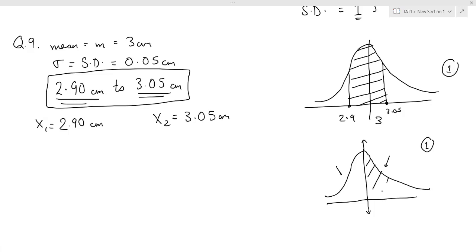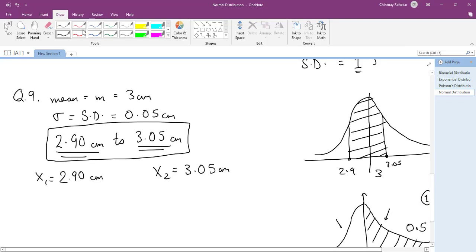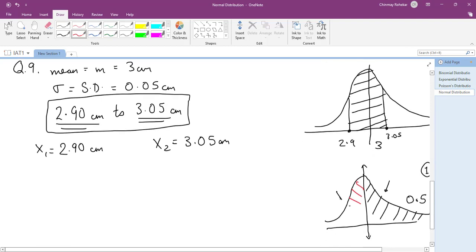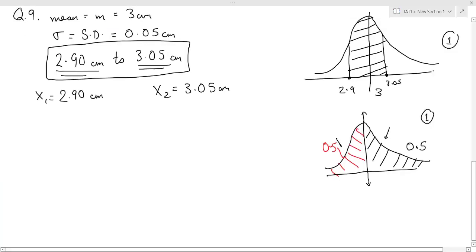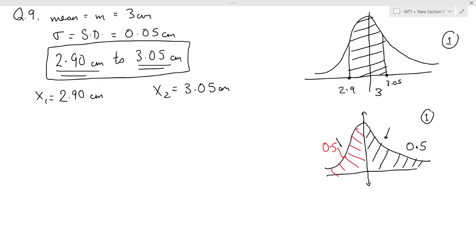Therefore, this much area, that is, to the right of the y-axis, is 0.5 and the area to the left of the y-axis is also 0.5. So both are 0.5 and the total area is 1, right? You have to remember these things: the total area under the curve is 1, to the right of the y-axis it is 0.5, to the left of the y-axis it is 0.5.